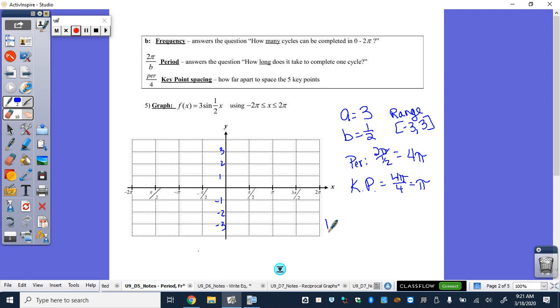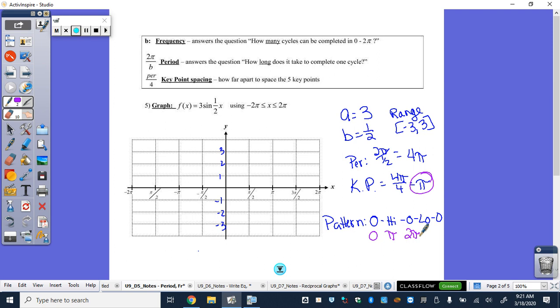So, for my sine curve, my pattern is 0, high, 0, low, 0. I don't have a negative in front, so it's going to keep that pattern: 0, high, 0, low, 0. But because my key points are every pi, this is going to happen at 0. My high point is going to happen at pi.